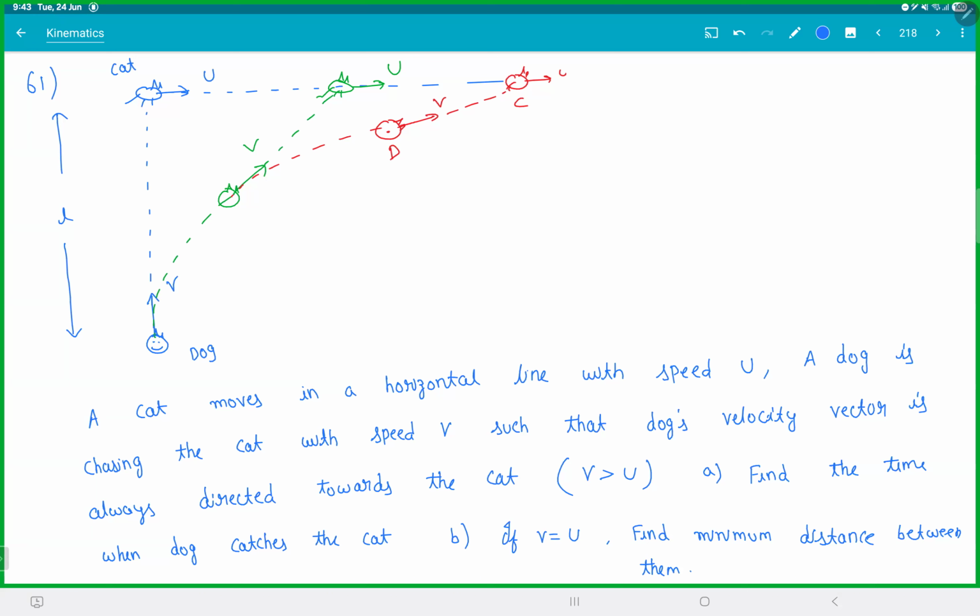I think you guys know the answer, but how do we do this? Let's see. Get the second part. First one is standard. Second, how will you do?